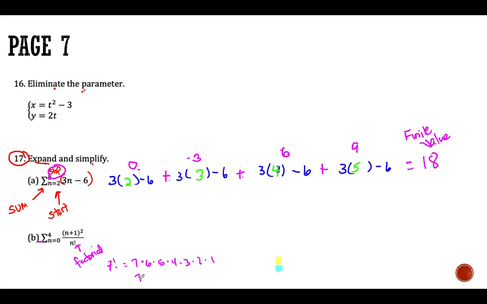Or, of course, you could write that as 7 times 6 factorial, or 7 times 6 times 5 factorial, and so on. Factorials have a lot of rewriting powers. So this time we are going to start at 0 and stop at 4.